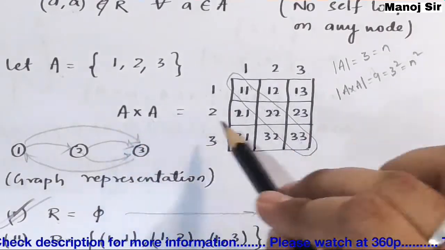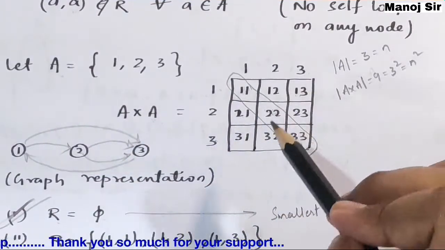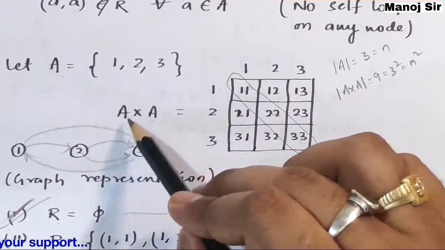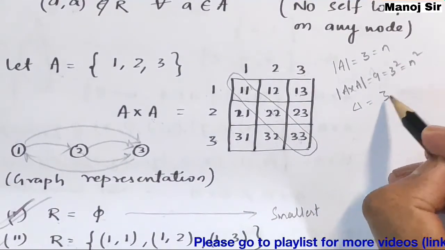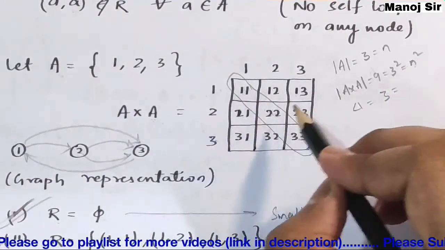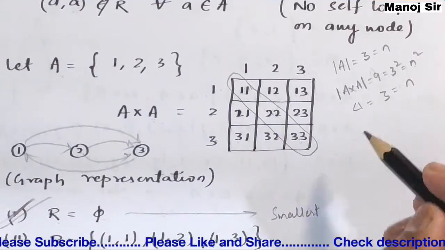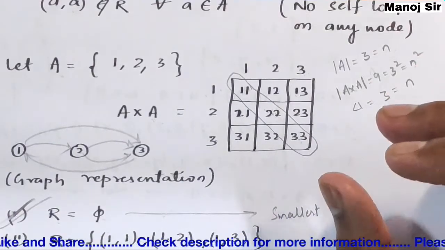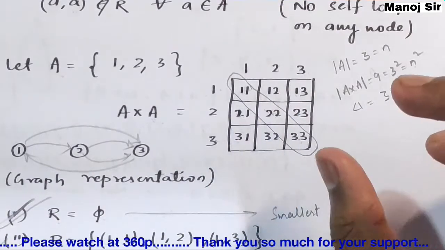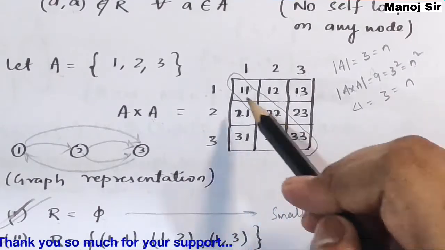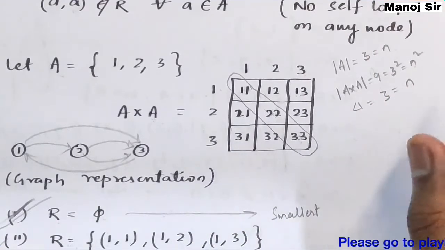Since the pairs present in A cross A are 9, the number of diagonal pairs in this Cartesian product is 3. If there are n elements in a row and column, the number of diagonal elements will be n. Now, if you want an irreflexive relation, these three reflexive pairs should not be present in that relation.